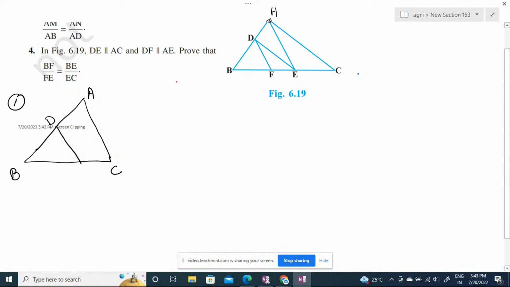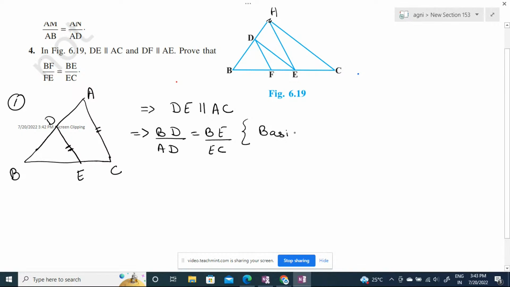This is DE, it's parallel to AC. Now, it is given that DE is parallel to AC. So, if two lines are parallel to each other, then the ratio of their corresponding sides is equal. So, BD upon AD is equal to BE upon EC. And the reason is the basic proportionality theorem.